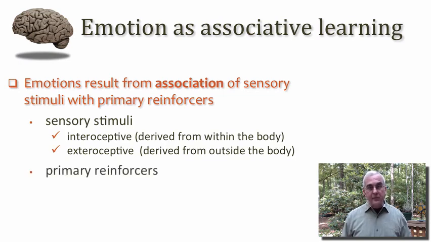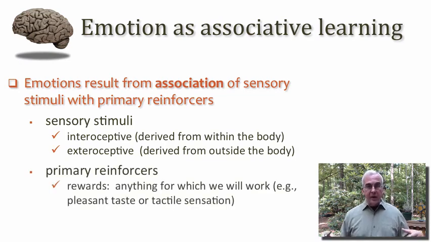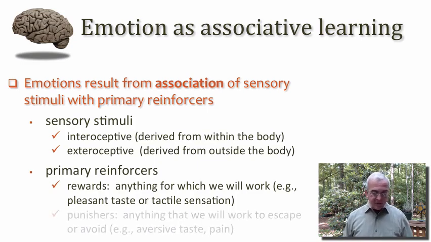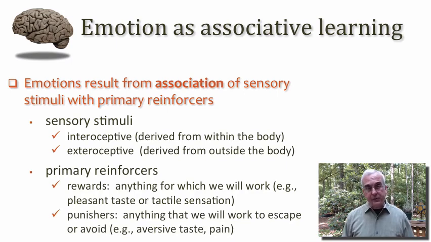The primary reinforcers are those experiences that have some intrinsic value to them. They may be rewards, which could be anything for which we might work, such as a pleasant taste or a tactile sensation. These reinforcers could be punishers, which would be anything that we will actually work to escape or to avoid.